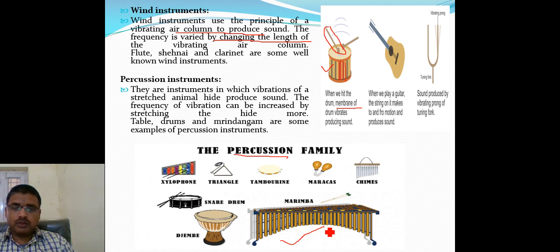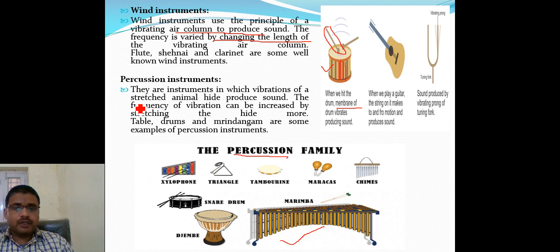Now to change the frequency of that sound, there is some pattern. On the basis of the musical pattern, they strike the area from where those patterns are created. So it is the percussion instrument which vibrates the stretched animal hide to produce sound.